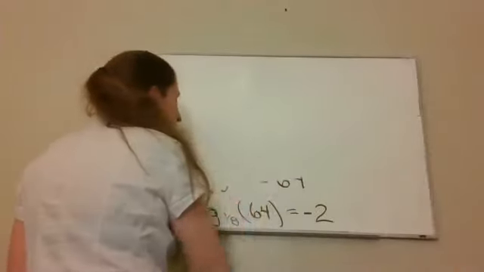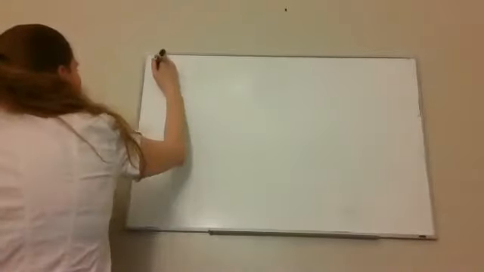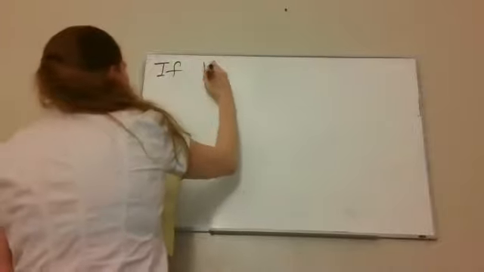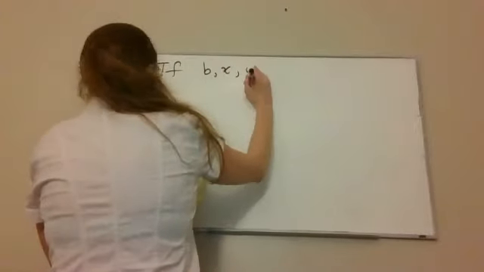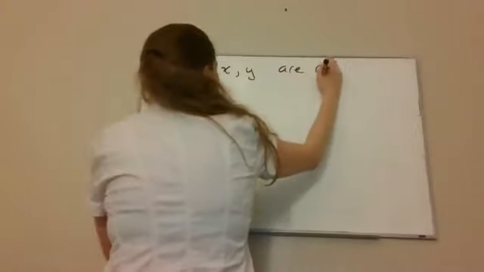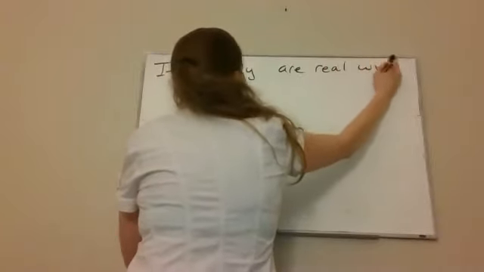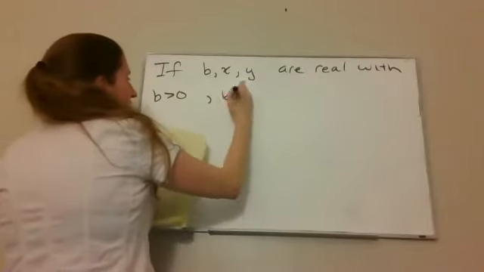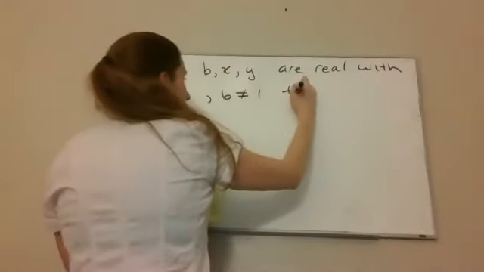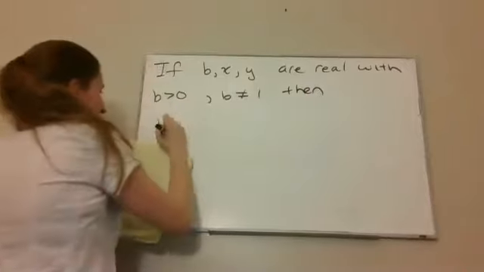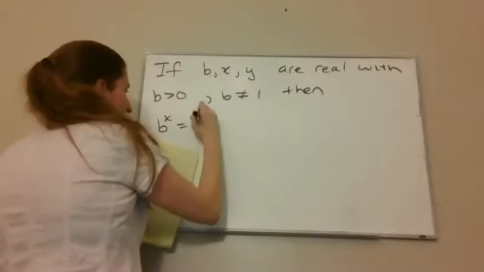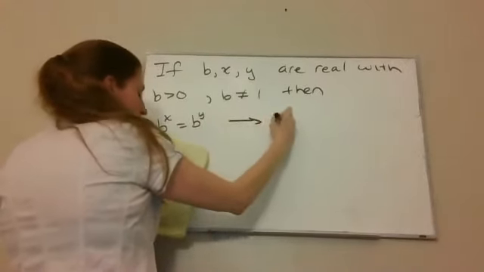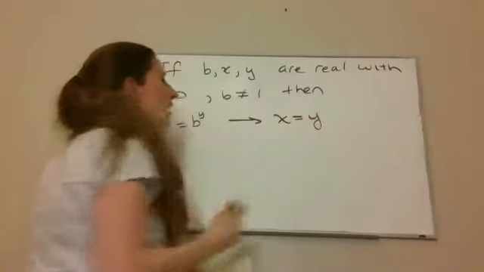Now we're going to learn a quick property of exponents that we're going to use to evaluate some logarithms. If b, x, and y are real, with b positive and b is not 1, then b to the x equals b to the y implies that x is equal to y.